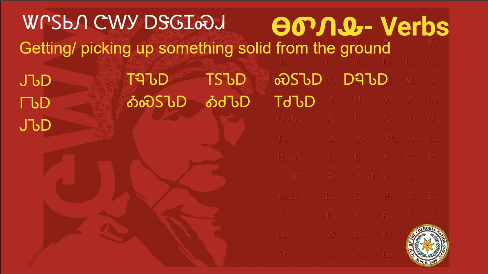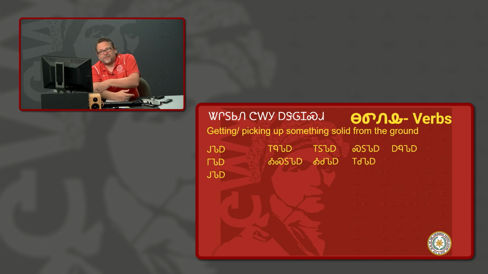So, like I said, just be aware that a lot of times in spoken Cherokee, there's a W sound in the beginning of it to indicate that the action is happening in the direction away from the speaker.